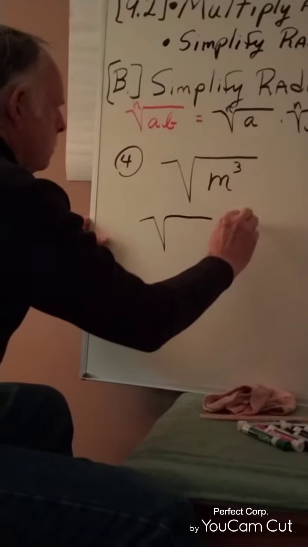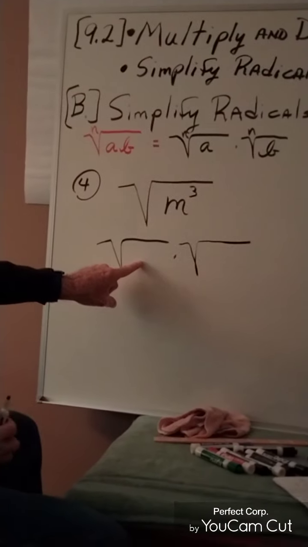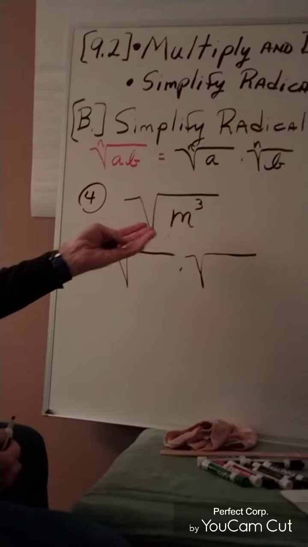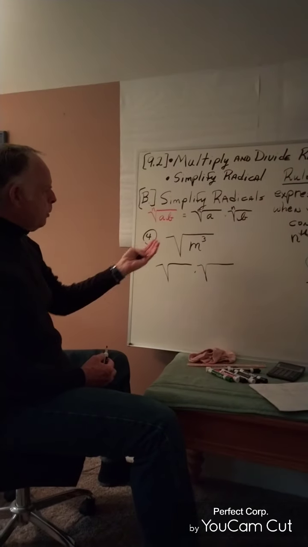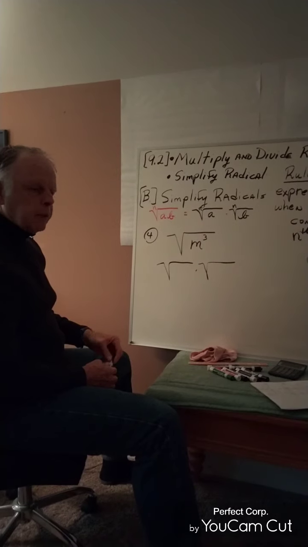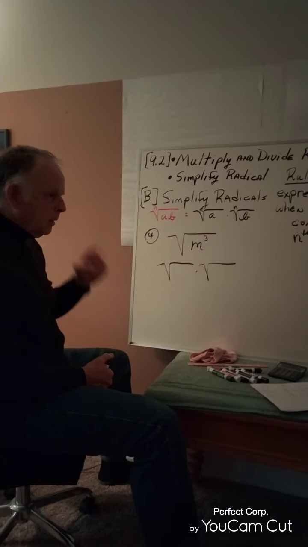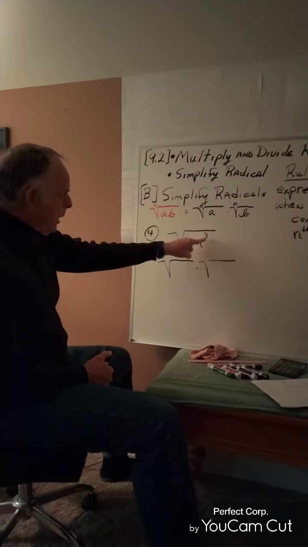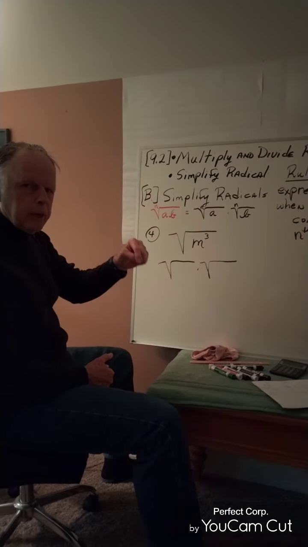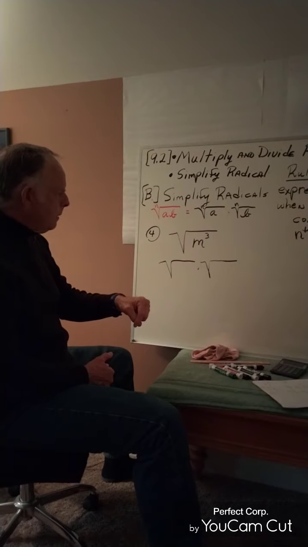One of them will be our radical of A, the second one will be our radical of B. How do we pull out the largest perfect square factor that m to the third has? Folks, remember these words. Take your odd numbered exponent and simply decrease it by 1.